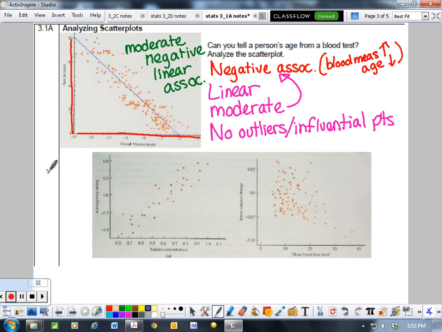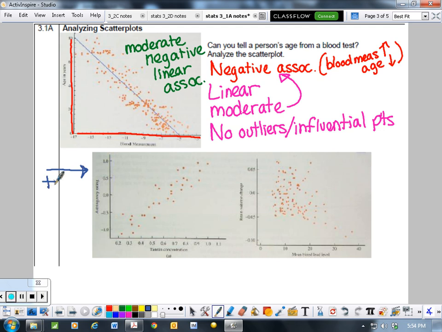When we look at this next graph right here, we can definitely tell that the trend is going up. There's not as many dots as there was in the last one, so they look more spread apart because there's not as many dots, but that's okay. So this is definitely a positive association.